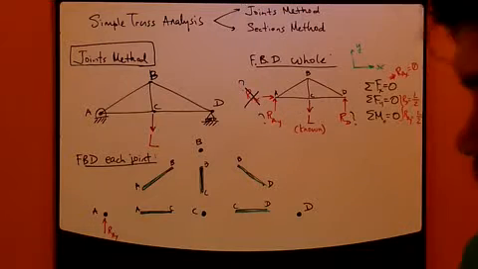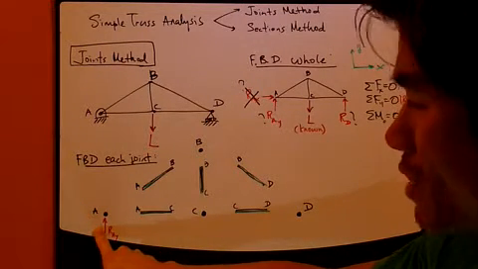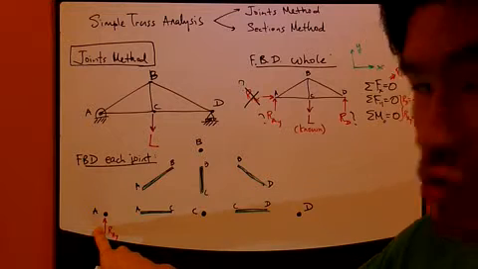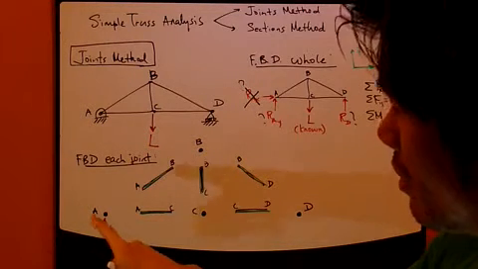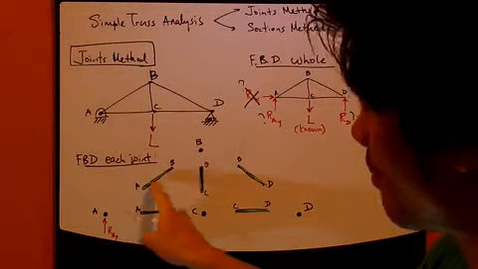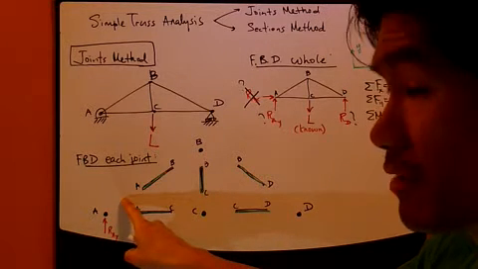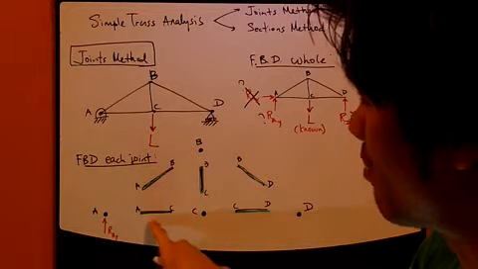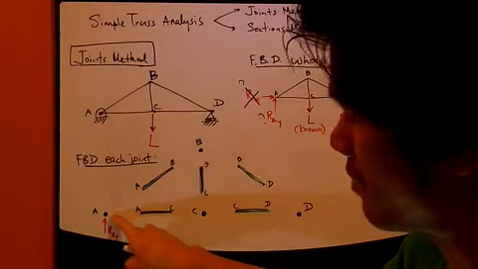What else? Joint A, other than this reaction force, is also subject to 2 other forces. One force comes from member AB, coming down this way. The other force comes from member AC, along the AC direction, the horizontal direction.